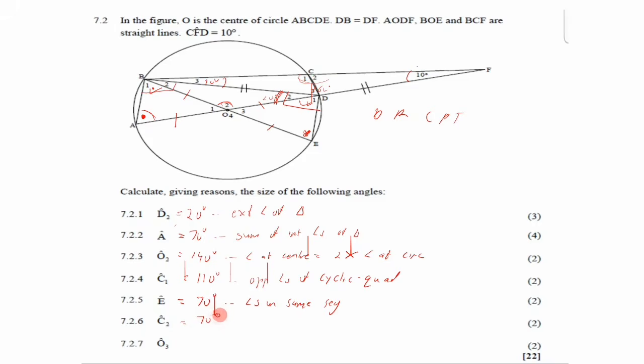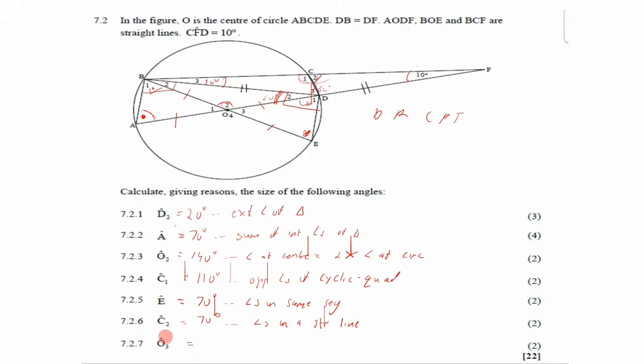So we say 70 degrees, and the reason is angles on a straight line. Also, we can see that C2 here is an exterior angle of this cyclic quad, so C2 must be equal to the opposite interior angle, which is A. A is also 70 degrees, so that one is also acceptable.